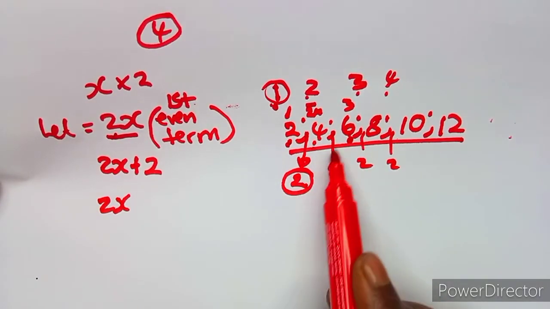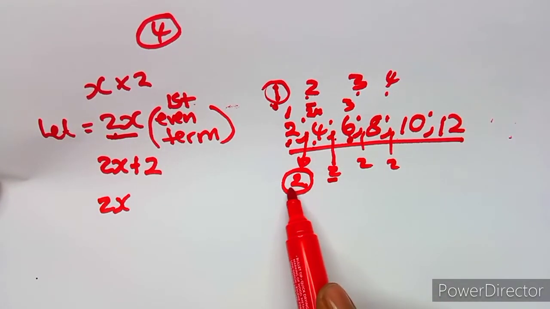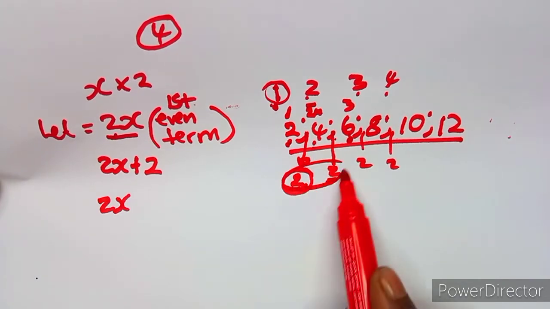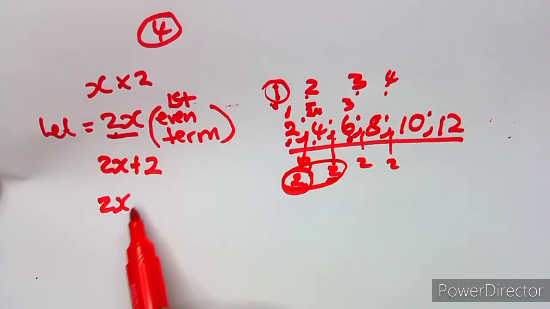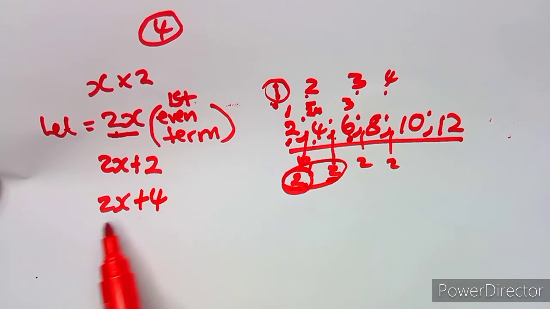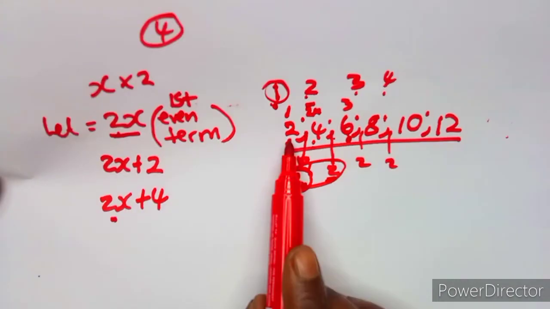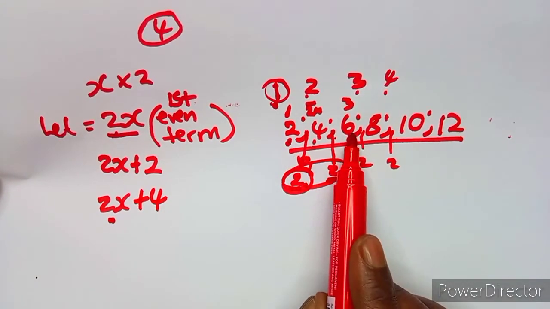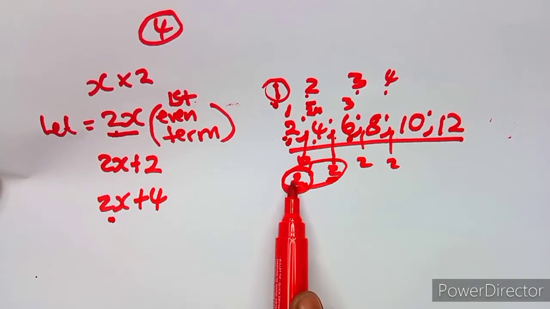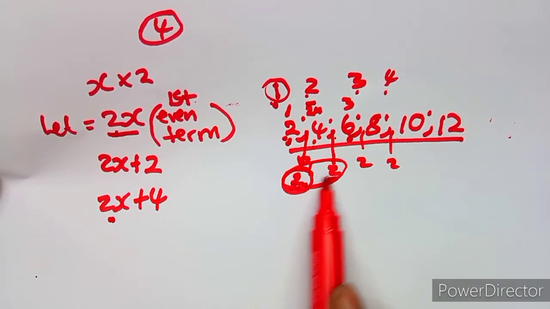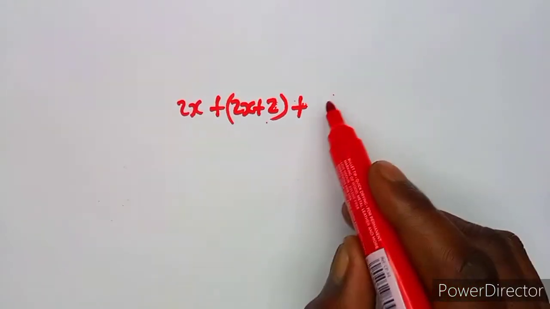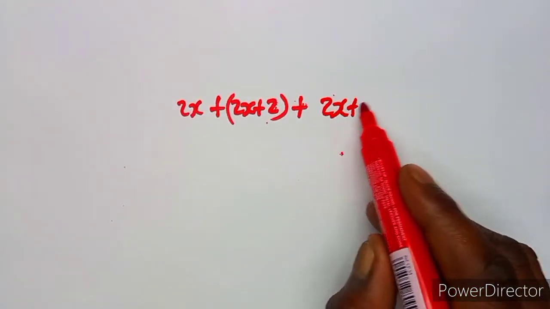Yes, we have got a difference of 2 that is going to be there, but it's now 2 plus 2. So we are now having a difference of 4. So it's going to be 2x plus 4, because this is added from the first term as 2 plus 2, which is 4. So this one is going to be 2x plus 4.